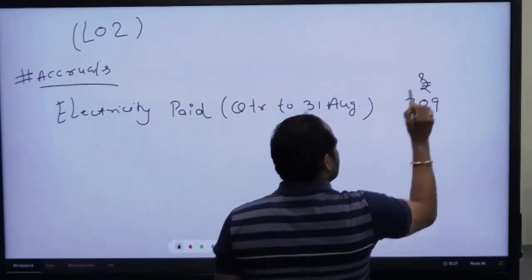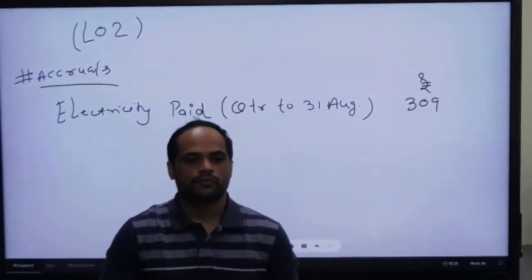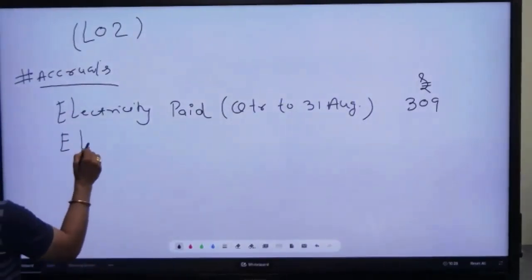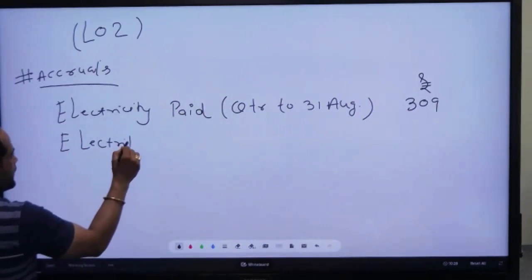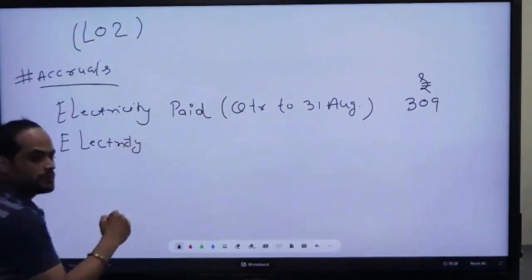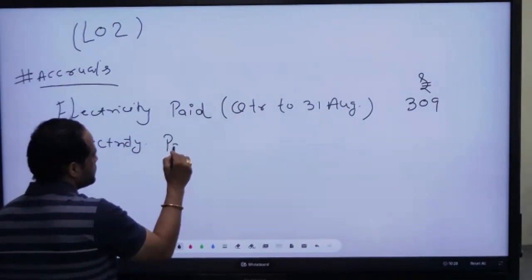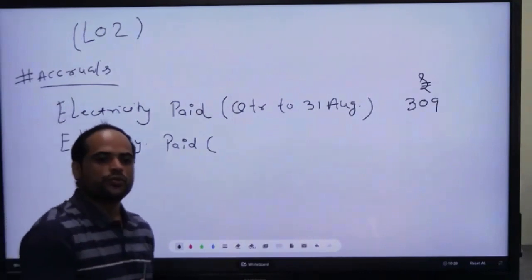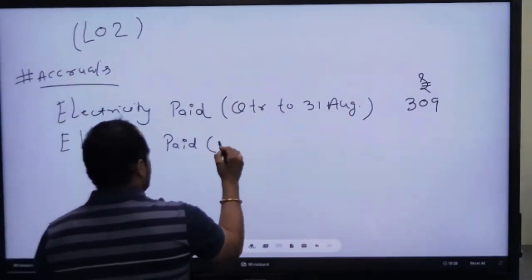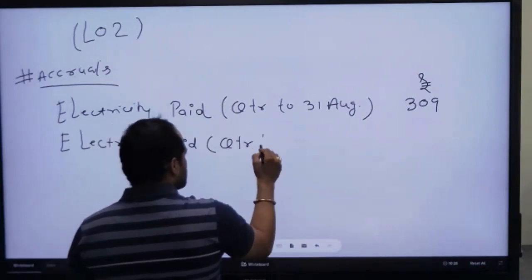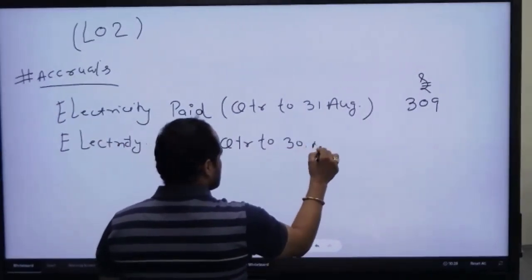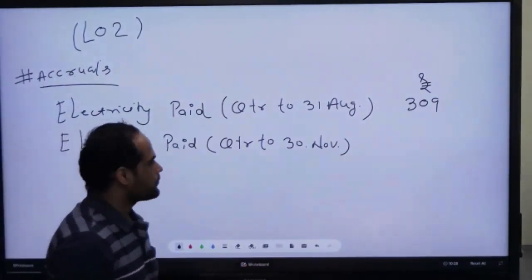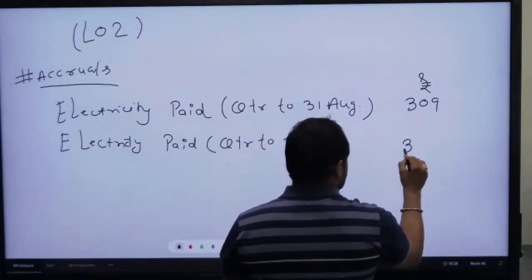All right. Then electricity paid, which is again quarter to 30th November, and the amount 320.